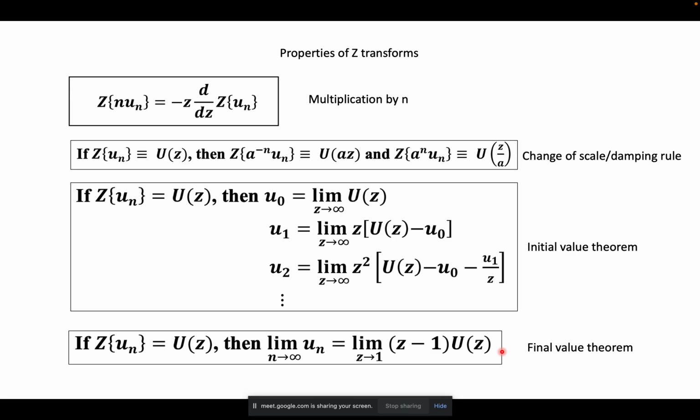So these were all the properties that we will be using in order to solve this problem set, and I hope you have already studied all of these properties in class or your lectures. This was just a small review.